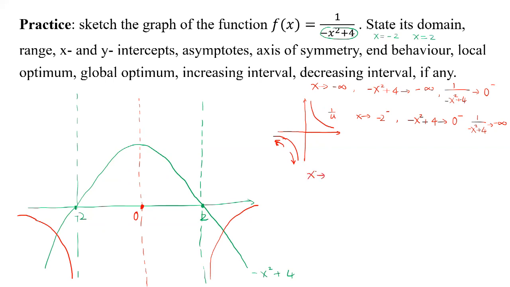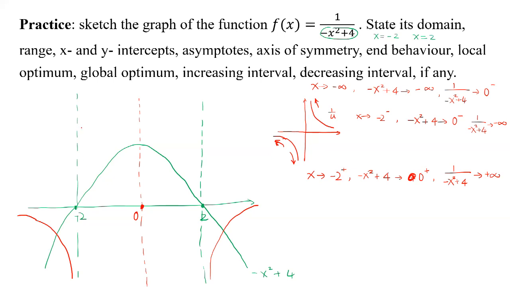When x approaches -2 from the positive side, minus x squared plus 4 approaches 0 from the positive side, and the reciprocal of this expression approaches positive infinity.